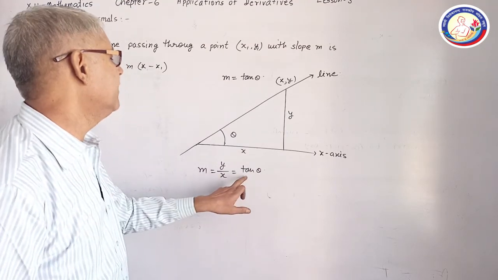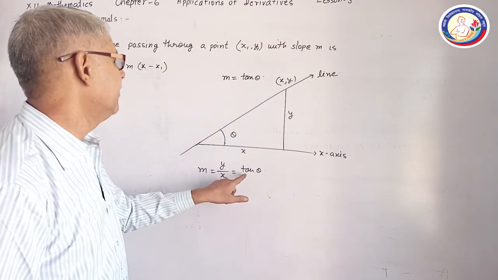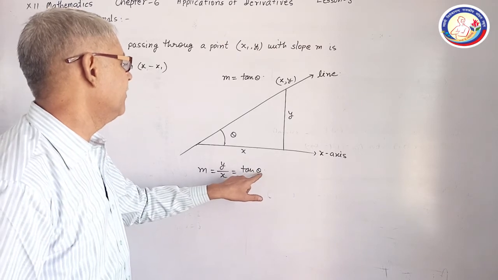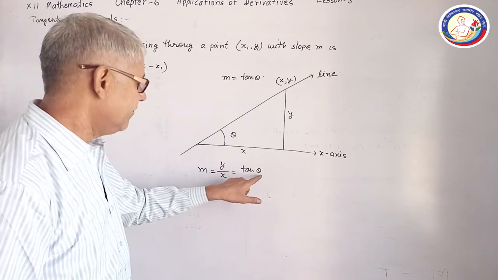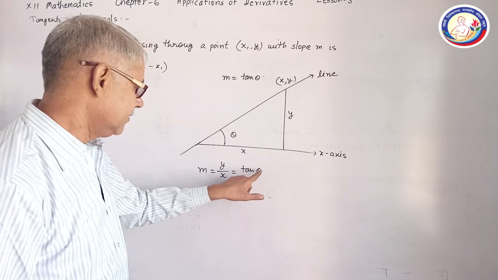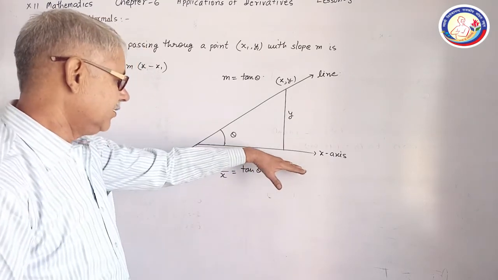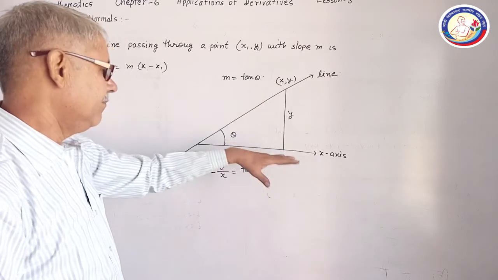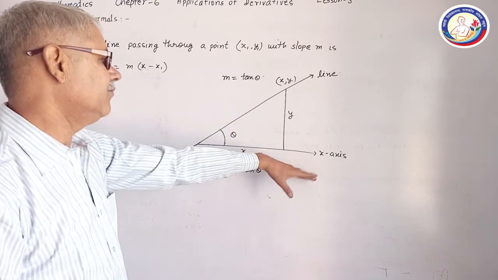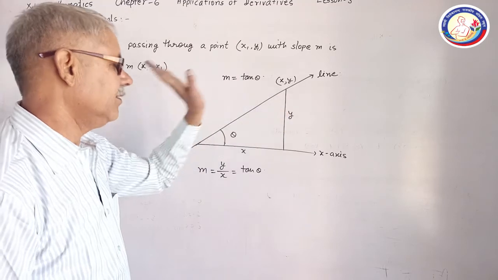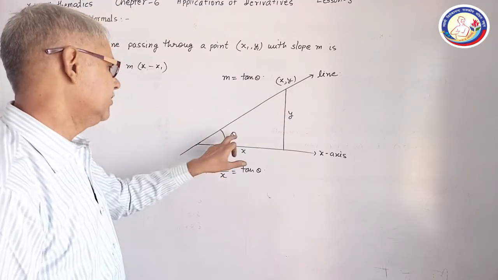The slope of tangent means the value of the trigonometrical function tan theta, and theta is the angle which the line makes in the positive direction with the x-axis.